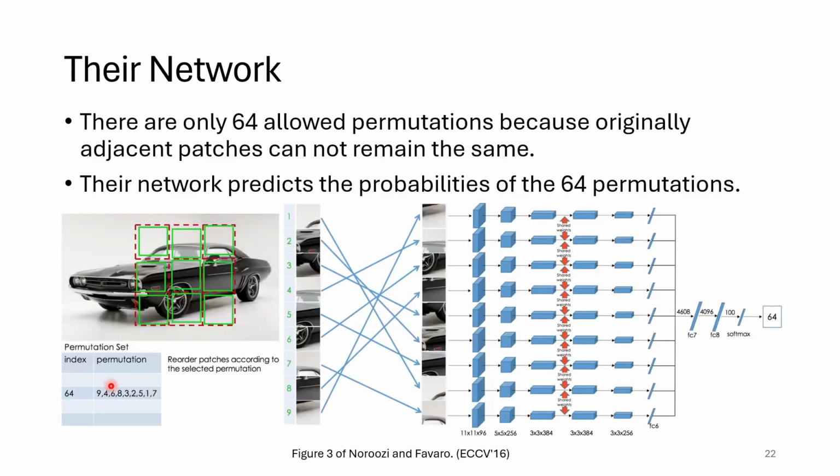So here, if this is the index 34, that is their permutation. Once they get the permutation index, they can use a table to know which permutation it is. They can reconstruct the location of the 9 patches to get the correct answer.